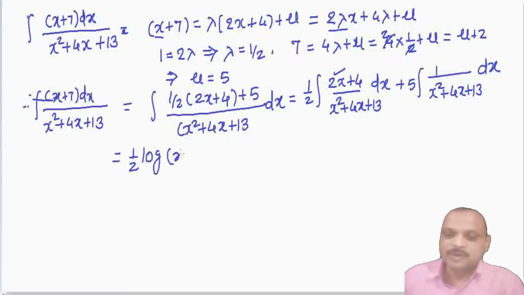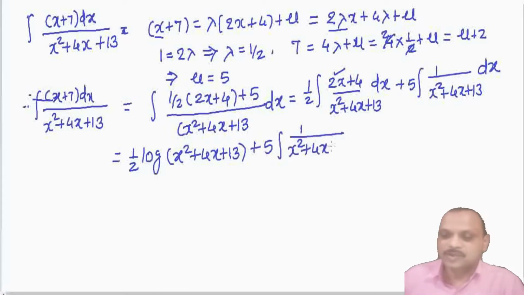x square plus 4x plus 13, plus 5 into the second integral, 1 divided by x square plus 4x plus 4 plus 9.